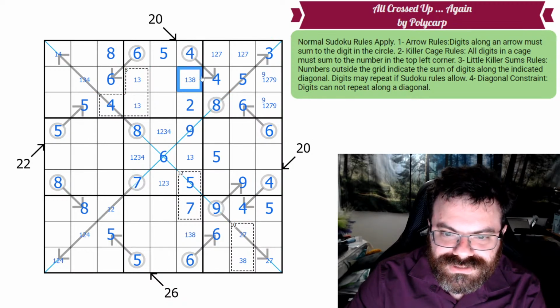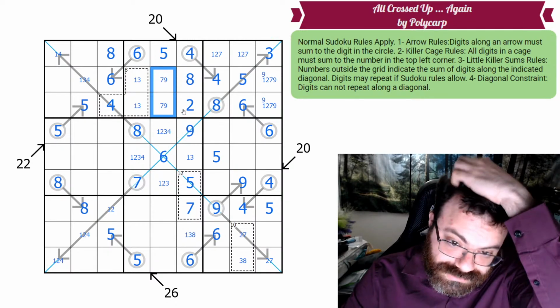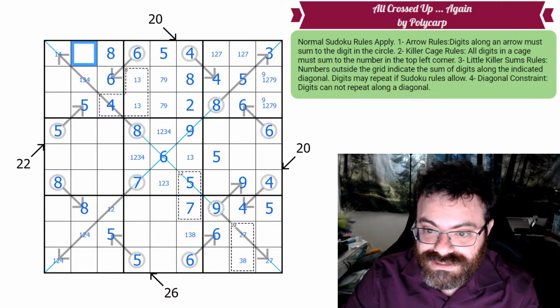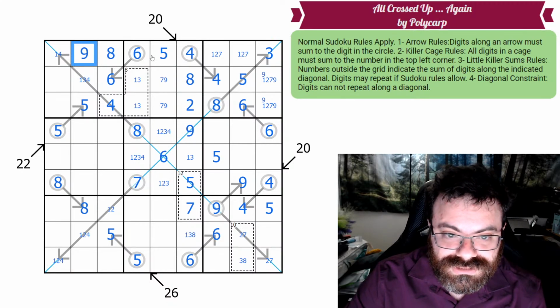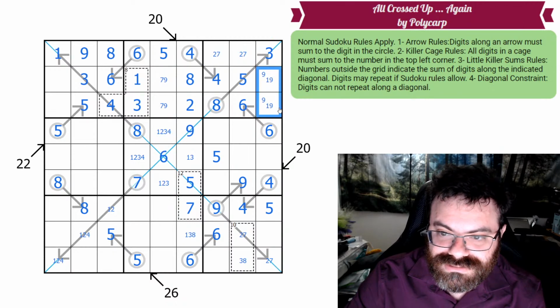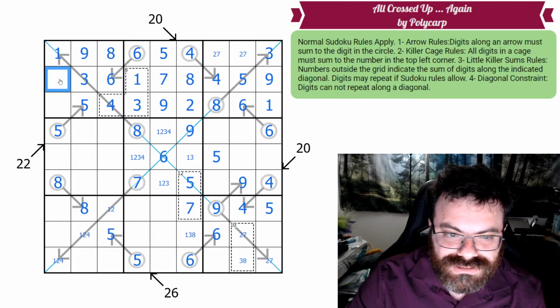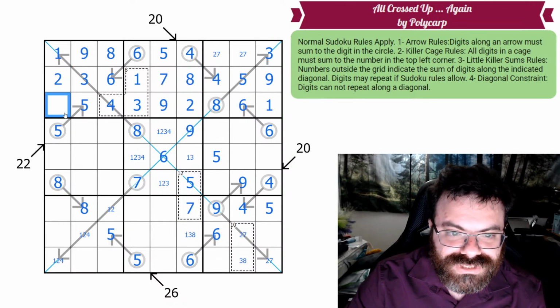That puts a 4 here, 8 here. We have 1, 2, 3, 4, 5, 6. We need 7 and 9. That puts a 9 here. We have a 4 in the box. That's a 1, that's a 3, 1 and 3. Might be that 1 sees here. Might be finishing up. 7 and 9. I need a 2 and I need a 7.